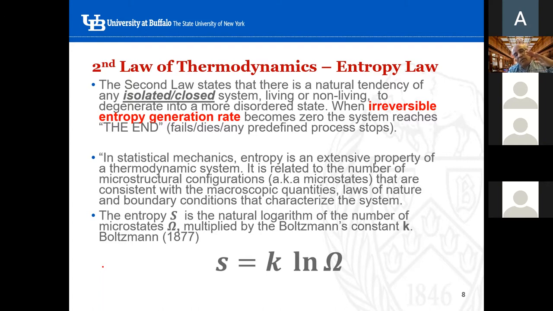So after you apply the load, each gravel and each sand particle will move to a new location. That new location is a new microstate. And then you keep increasing the load, they will move to a new location. Each one is a microstate.